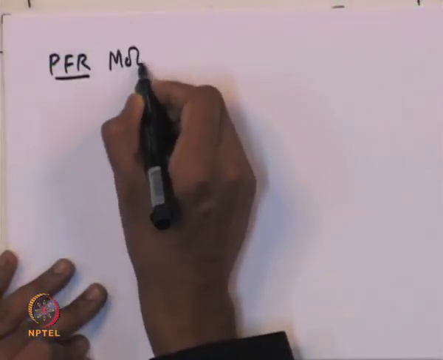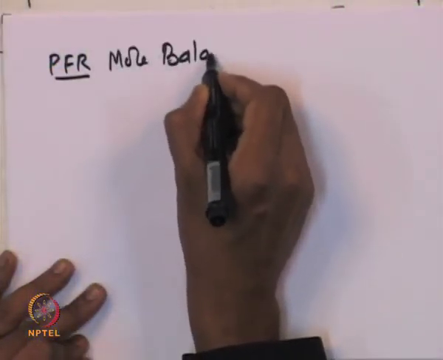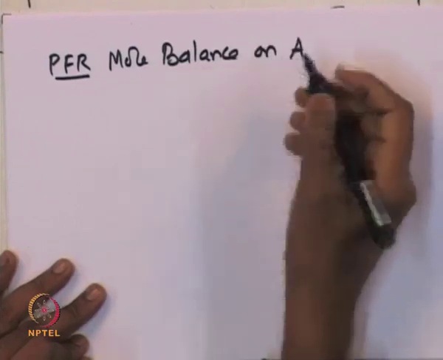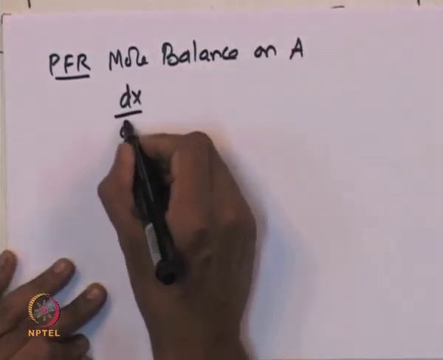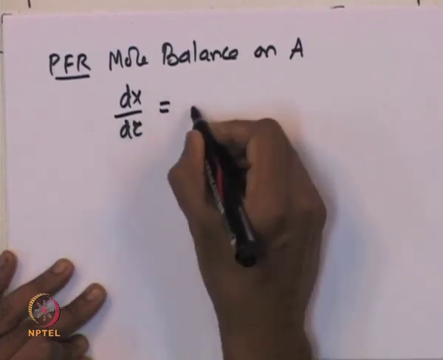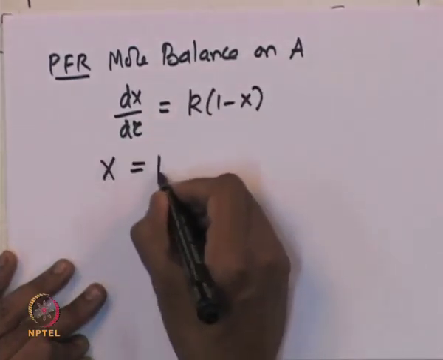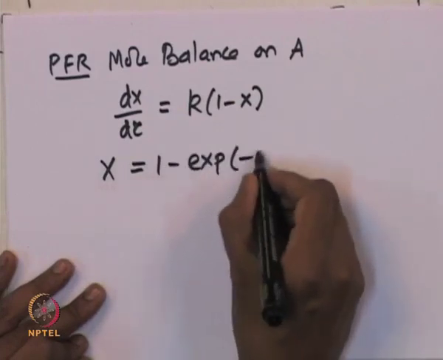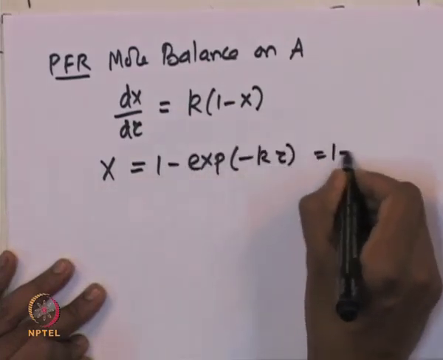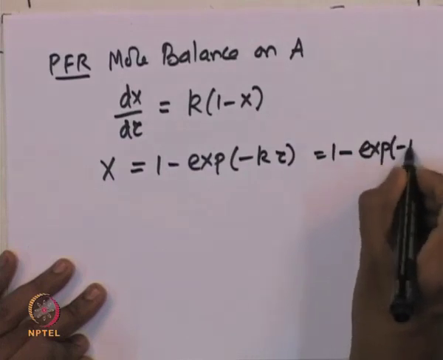So, the mole balance of a plug flow reactor on species A is nothing but dx by d tau, that is equal to k into 1 minus x, and therefore, x is equal to 1 minus exponential of minus k into tau, which is equal to 1 minus exponential of minus Da.